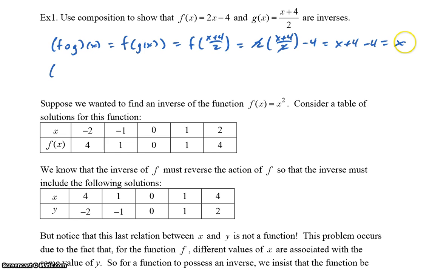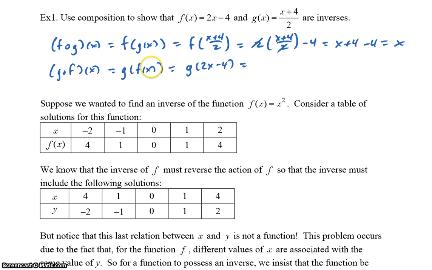Let's also check g composed with f of x, performing the composition in the opposite order. That is g of f of x. Well, f of x is 2x minus 4.